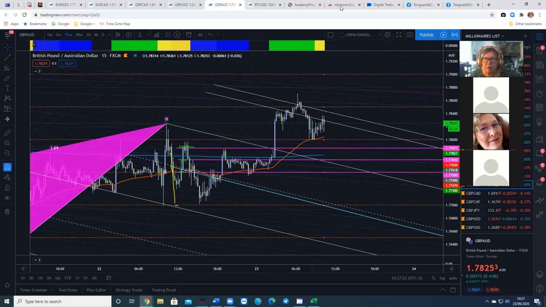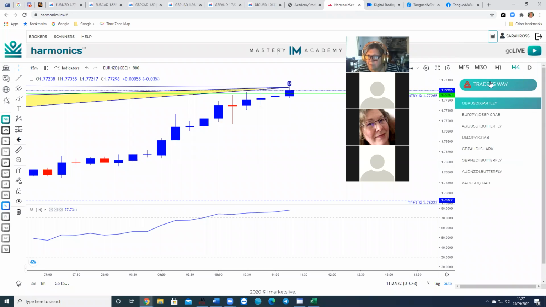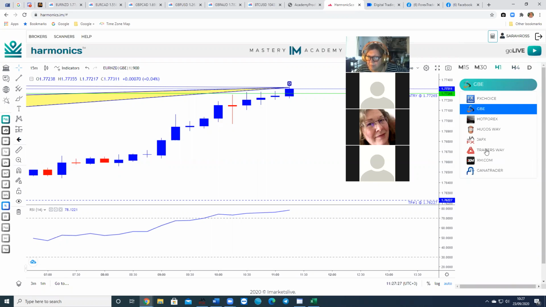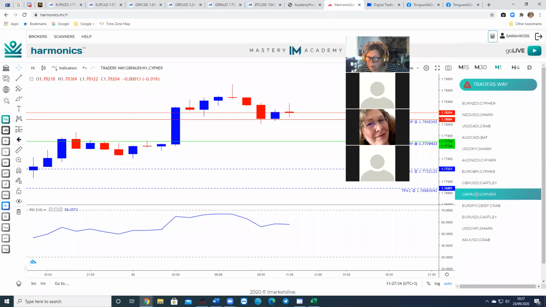So I'll just check the scanner on GA. It was that one. No, that's the cipher. Where was the shark? That's interesting. Gone, is it?